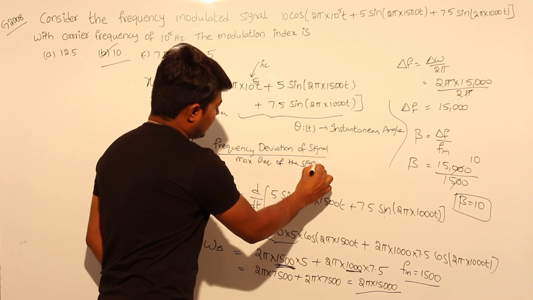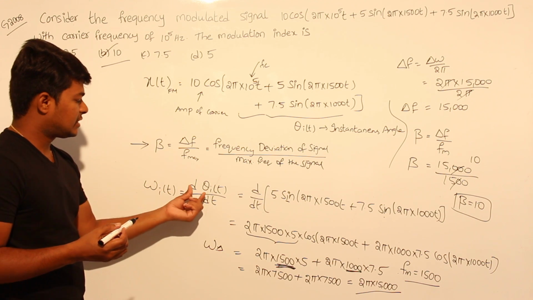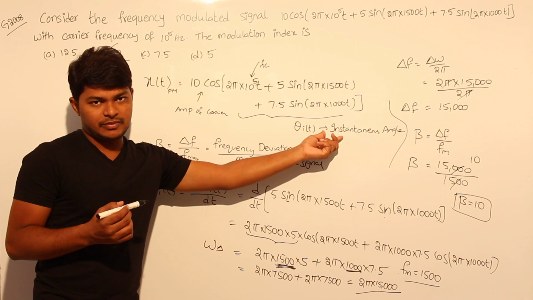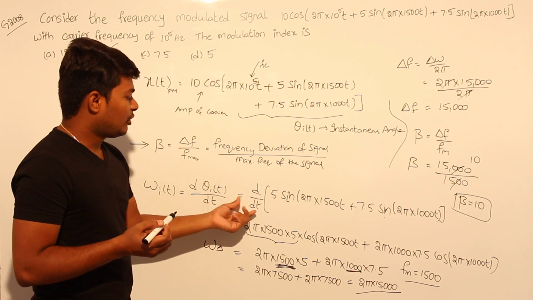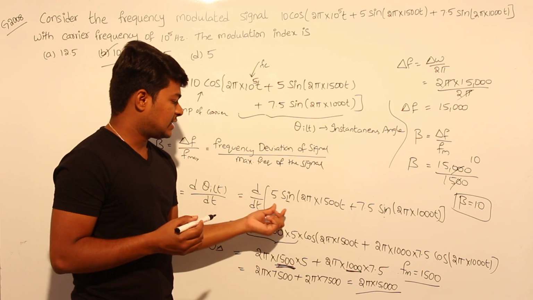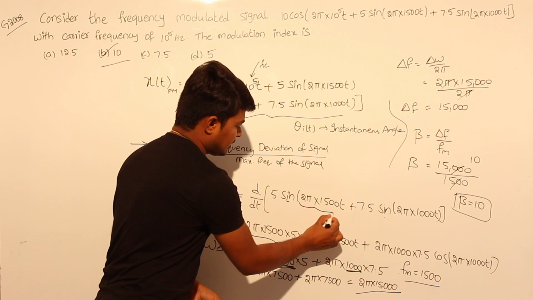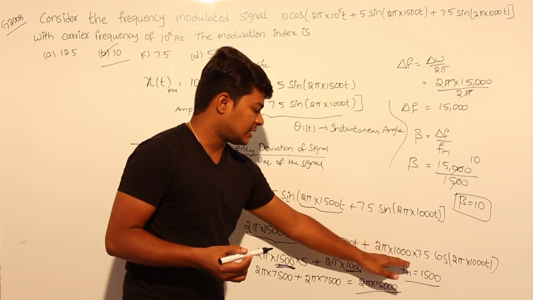Now from this we need to get omega i of t, which is the differentiation of the instantaneous angle with respect to time. Obviously the differentiation of sine will be cos, and the same way for the other term also.